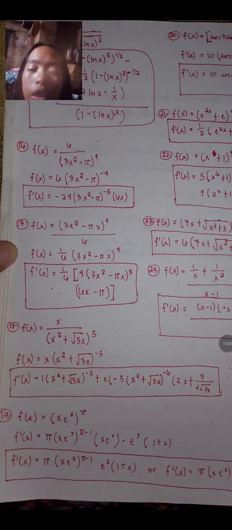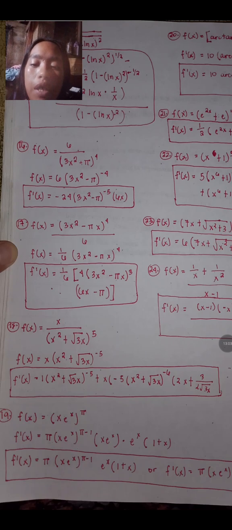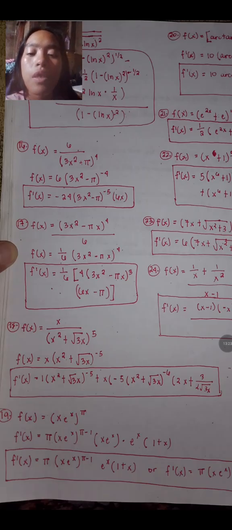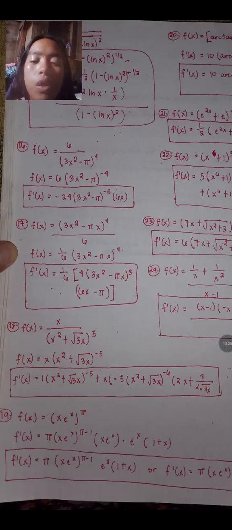So number 17, we have f of x is equal to the quantity of 3x squared minus pi x to the 4th power over 6. Again, we can change this into a simpler form, which is now 1 over 6 times the quantity of 3x squared minus pi x to the 4th.